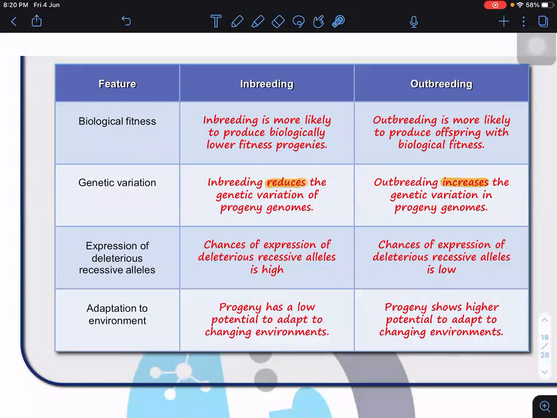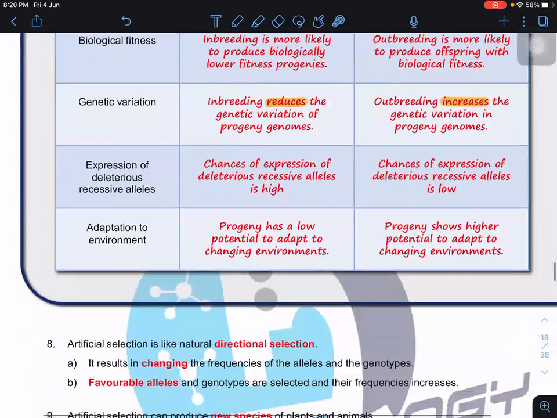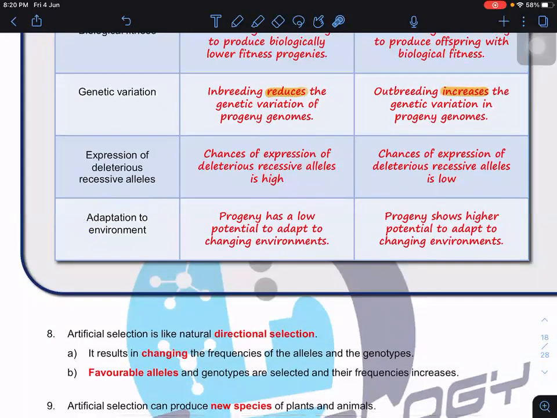With the assumption that those recessive alleles cause disease, or decrease the survival rate of the animal or plants. As for adaptation to the environment, inbreeding has low potential to adapt to a changing environment, but for outbreeding, the offspring or progeny show higher potential to adapt to changing environments.